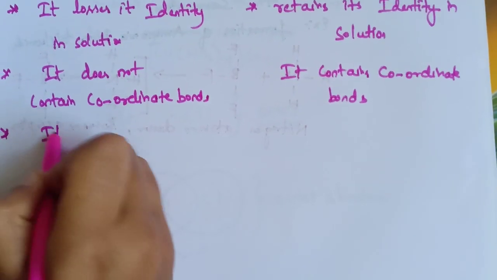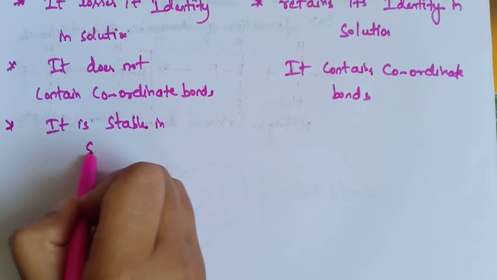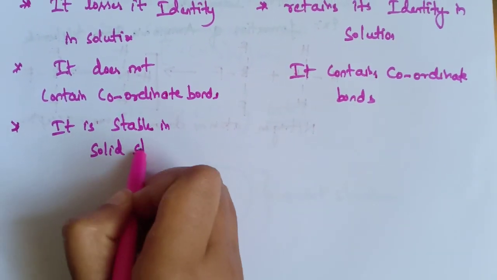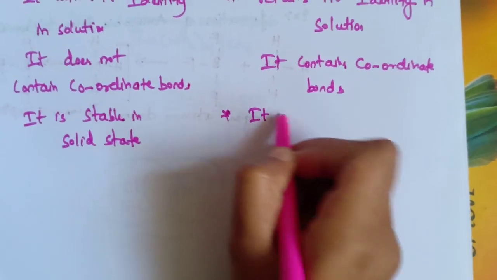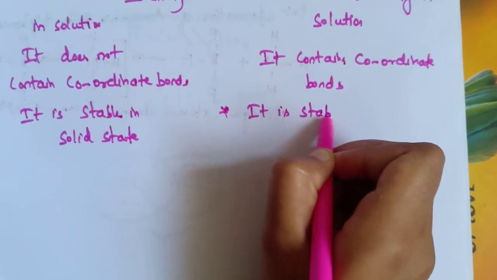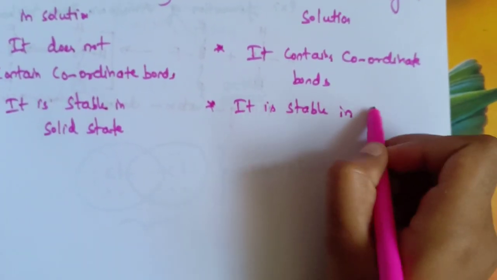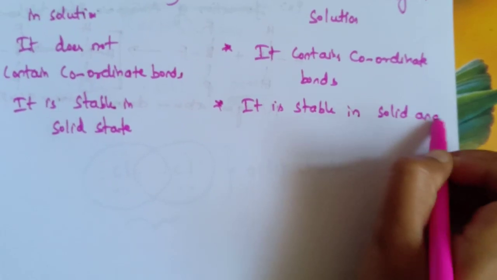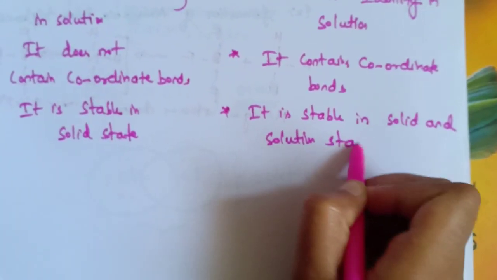Here the double salt is stable in solid state. The coordination compound is stable in solid and solution state.